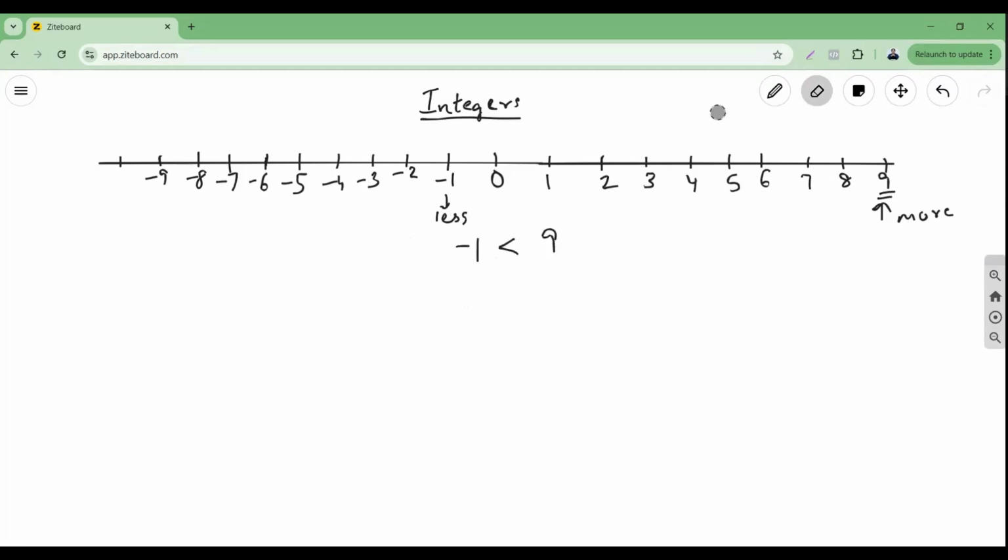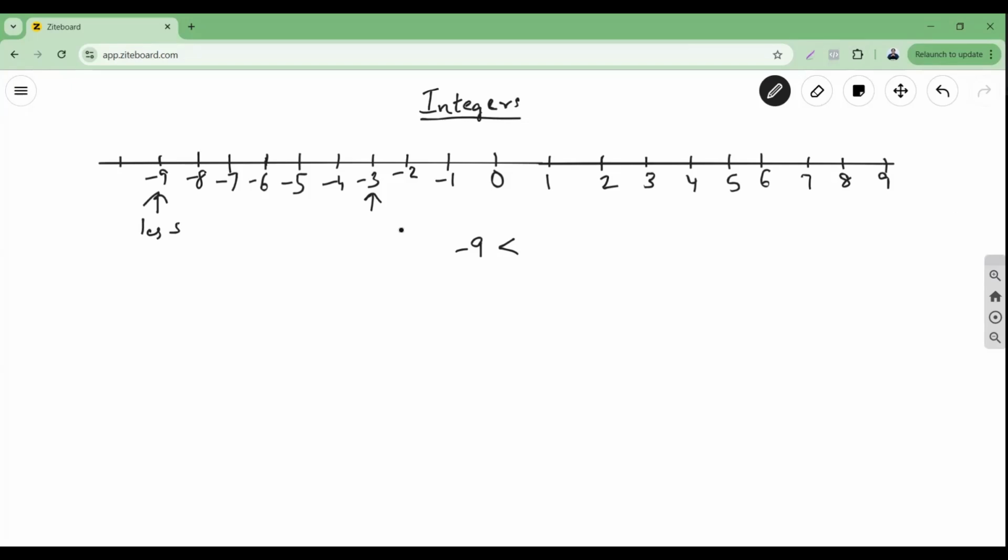Now if we compare, let's say -9, okay, -9 is here, which is again to the left side. That means it's going to be lesser than 9. Now, what if I compare, instead of a positive number, two negative numbers only. Let's say -3.